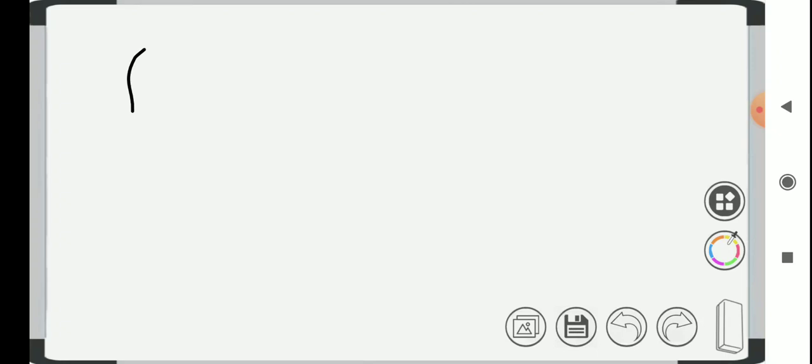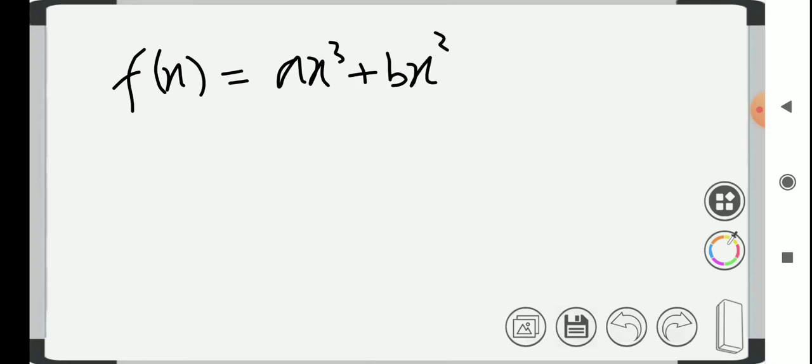So we have a 3-degree polynomial f of x is equal to ax cube plus bx square plus cx plus d, a general 3-degree polynomial, where these a, b, c, d belong to the field of real numbers.